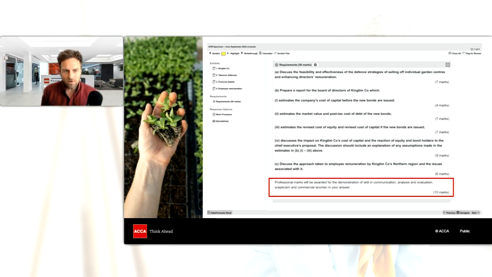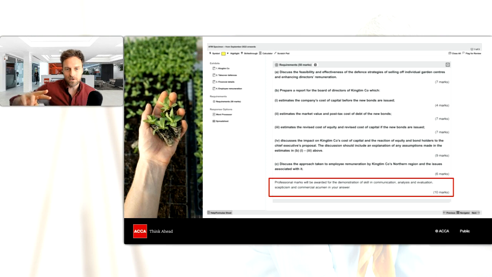Now, just as a little bit of background around this question, this company King Tim owns a load of garden centres, hence the image I've put there on the left, in case you're wondering why there's a hand with some plants in. So they are all about garden centres. And there's a potential threat that someone might come in and try and take them over. So that's what part A was around, some defence strategies.